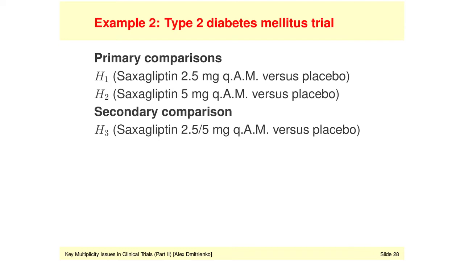The corresponding null hypotheses are denoted by H1 and H2, and in addition to this, another secondary family is defined, and this secondary family includes a single hypothesis. This hypothesis, H3, is formulated in terms of comparing the up titration strategy, this regimen that includes potential up titration of saxagliptin 2.5 milligrams to the 5 milligram dose, and this regimen is compared to placebo.